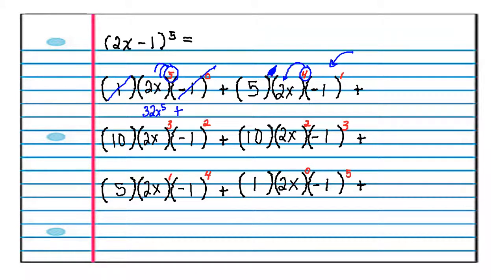And 16x to the 4th power times a negative 1 is going to give me a negative 16. Negative 16 times a 5 is a negative 80. And x to the 4th power. Okay, so I'm going to kind of put that in parentheses because I got a negative going on here. Good, going to move on.